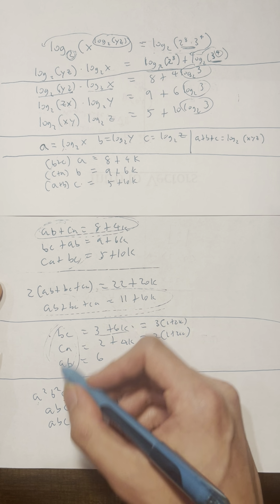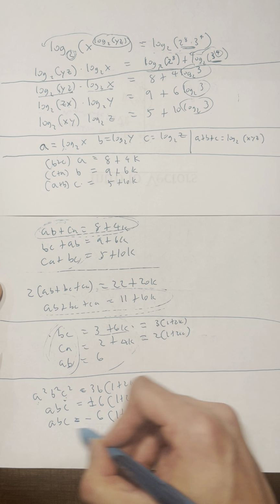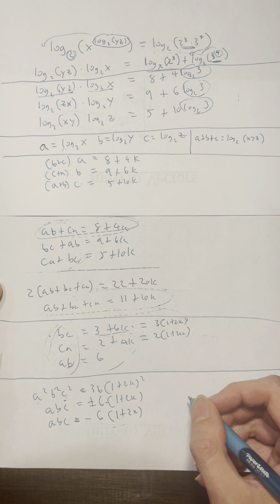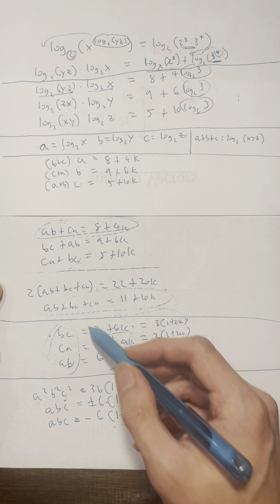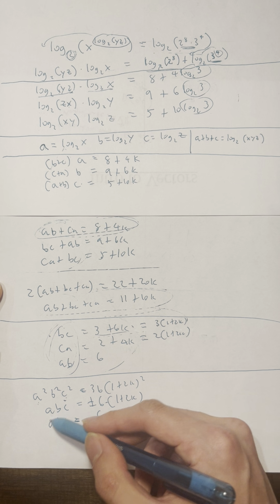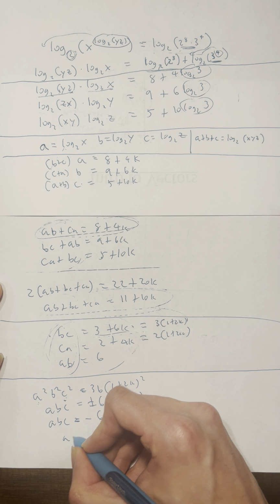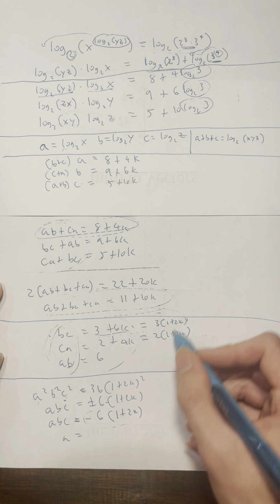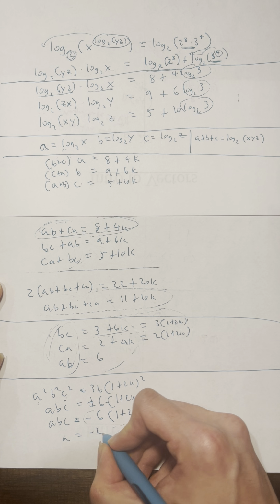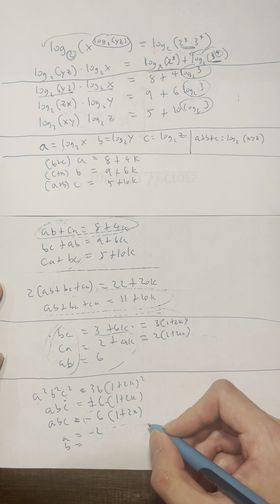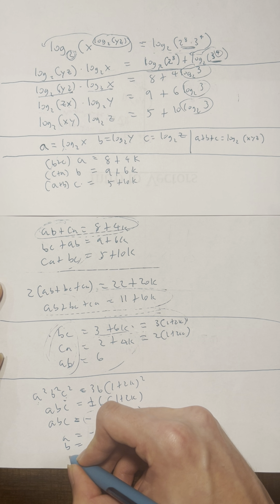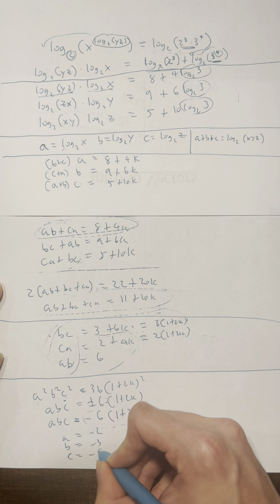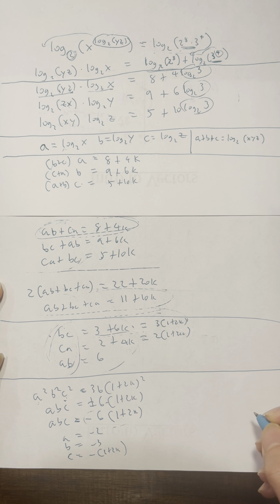So now let's go ahead and divide this and this. We can just divide all these equations into here. So that means A is equal to this divided by this, so these go away, and we're left with negative 2. How about B? Negative 3, and then C is going to be negative 1 plus 2k.